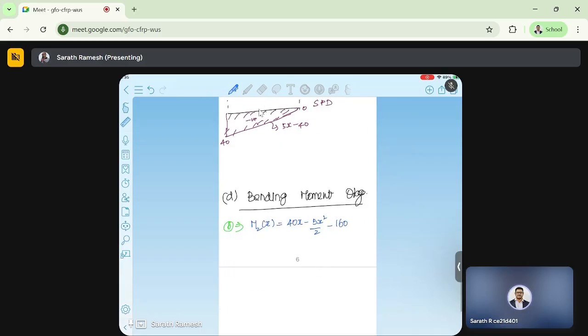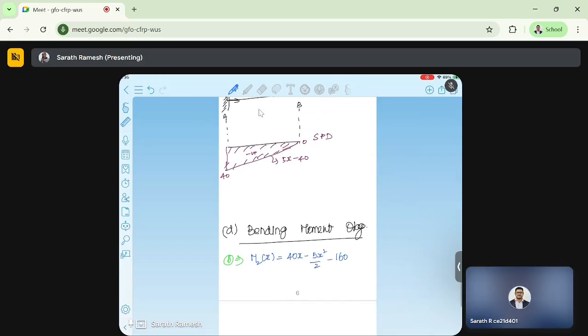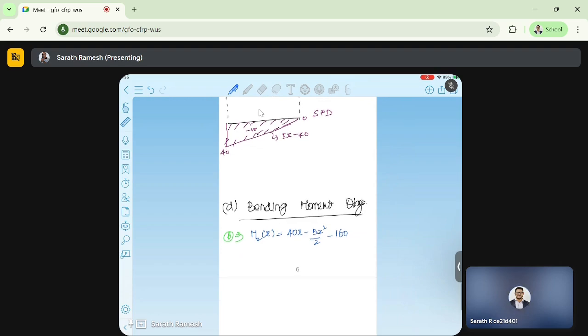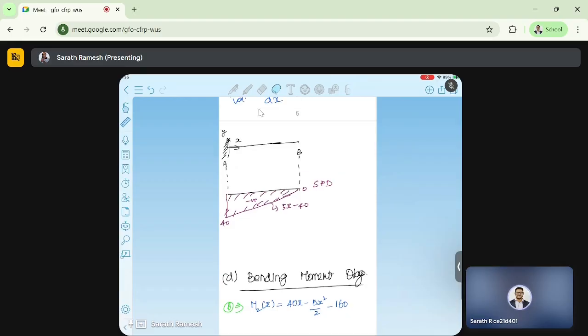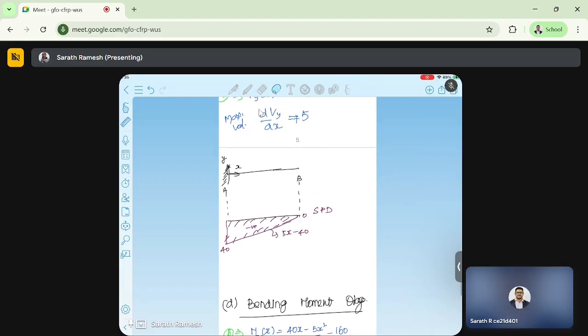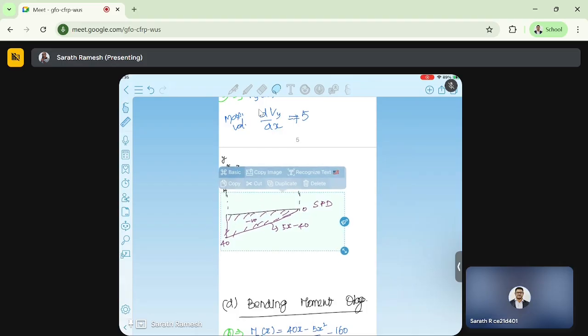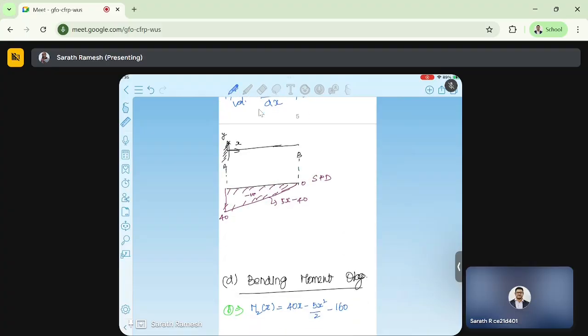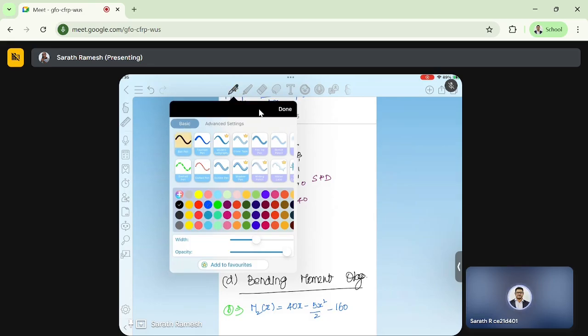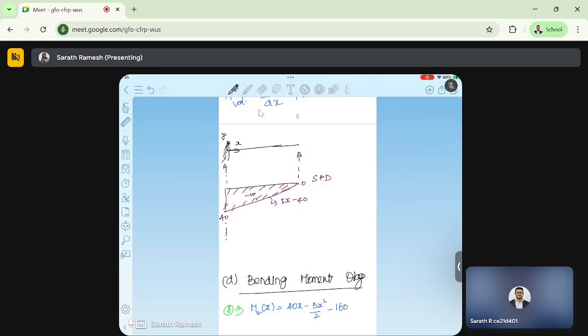When we draw this, we are going to get a quadratic equation. Let's plot this. Maybe I can move this a little up so that I plot it just below the shear force. So let's plot the bending moment diagram.